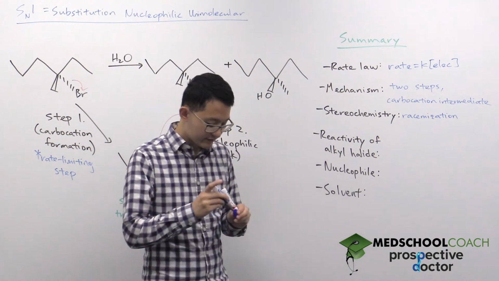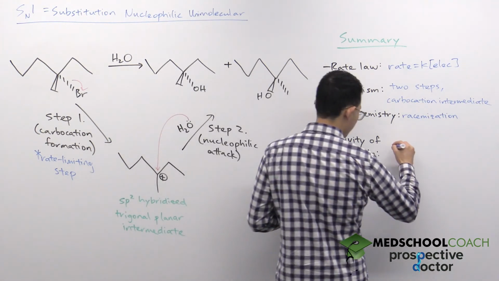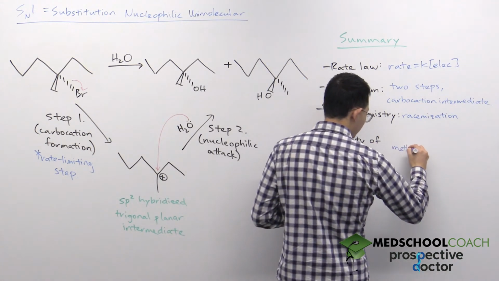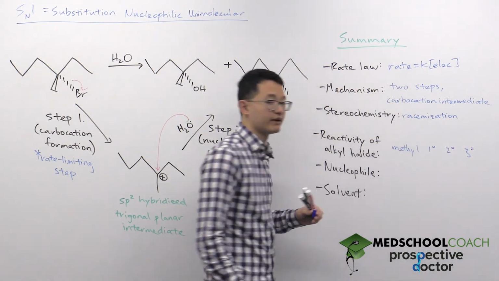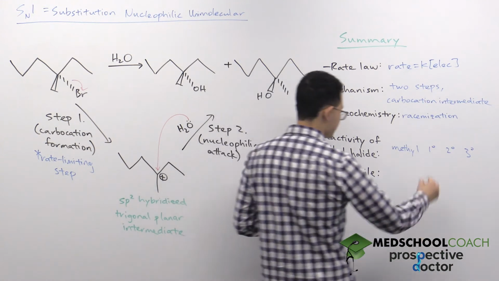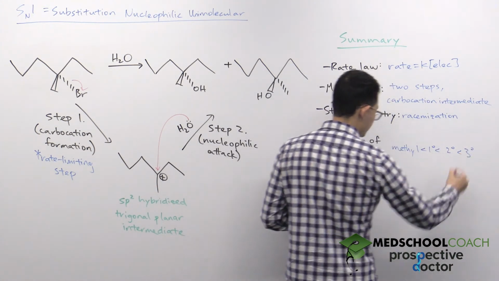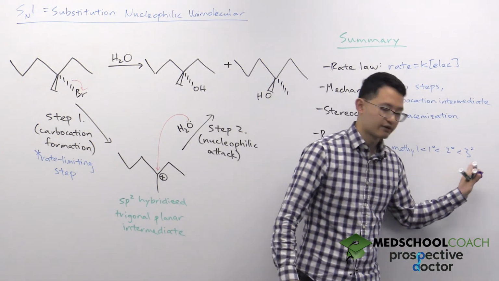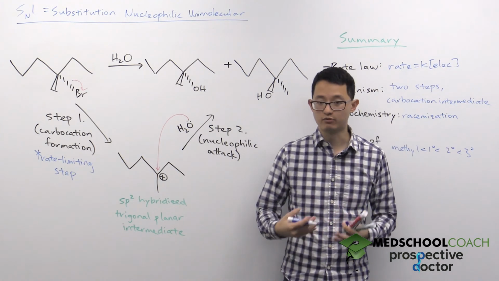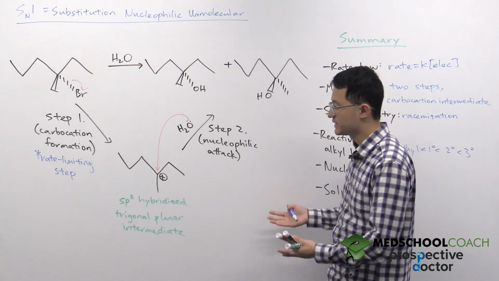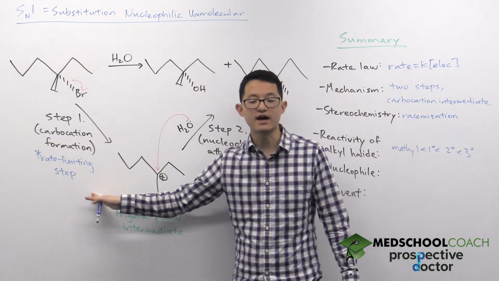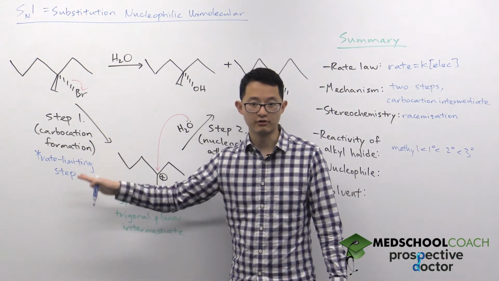In terms of reactivity of the alkyl halides, again, we want to consider methyl, primary, secondary, and tertiary alkyl halides. In this case, it's the opposite of the SN2 reaction, where the tertiary alkyl halide is the most reactive. And that's because how fast this reaction proceeds depends on the rate limiting step, the formation of the carbocation.